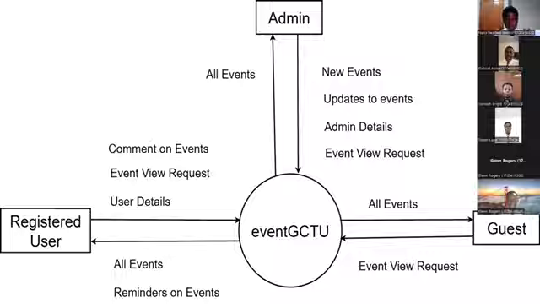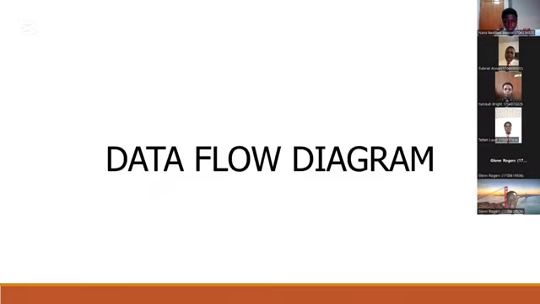Then we move to the registered users. Their input is that a user can view user details, can also comment on events that have been posted, and can also view requests of an event. Then we move to the guest interactions. Guests are able to view requests. So that is what the context diagram is all about. Move to the next slide.